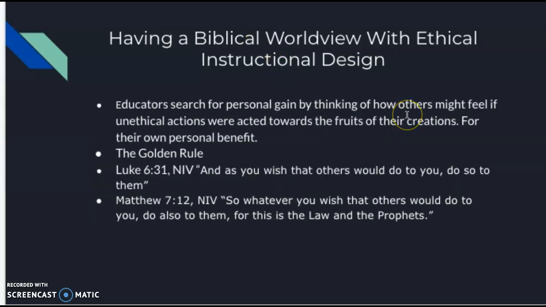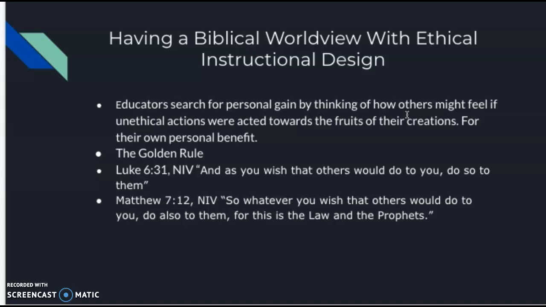Having a biblical worldview with ethical instructional design is extremely important, and it's even more important when we think about things ethically. We are called to follow rules, to follow guidelines, to be ethical human beings.